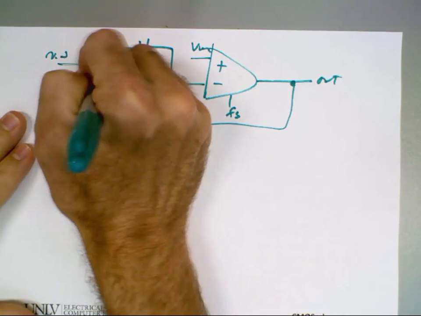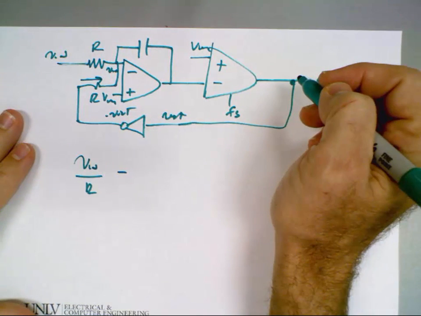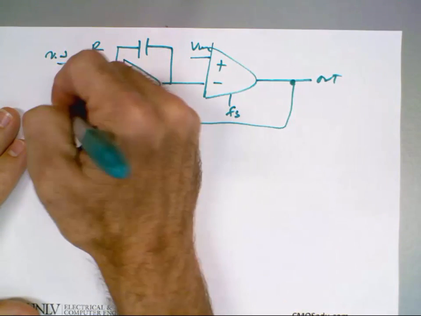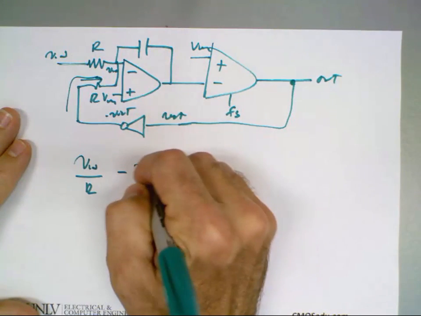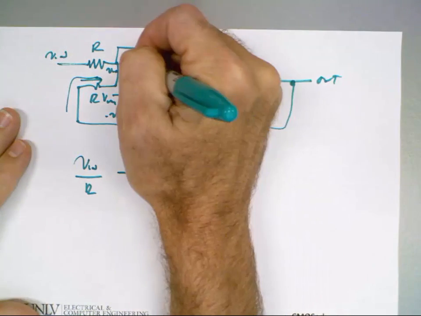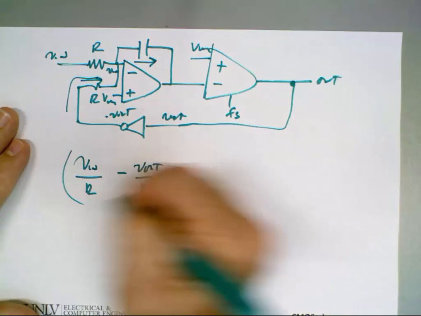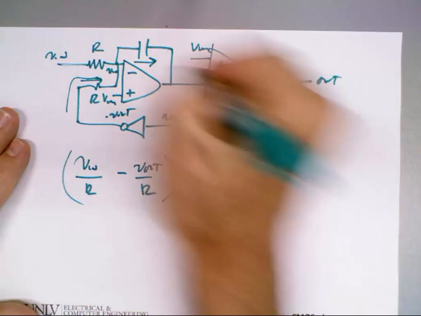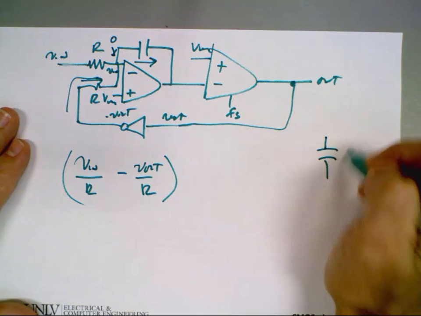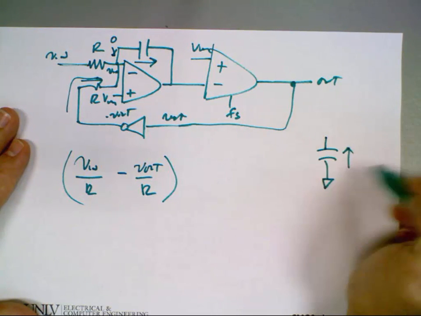And so the current going in here is what? From here, yeah, minus Vout over R. And when that current flows through here, let's say this is at AC ground, so I have a capacitor with a current flowing backwards through it.